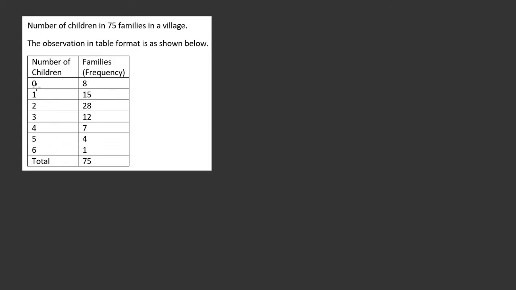It says that 0 comes 8 times, 1 comes 15 times, 2 comes 28 times, 3 comes 12 times, like that. So, which number of children comes more frequently? It is 2, which comes 28 times. So, the mode in this case is 2.